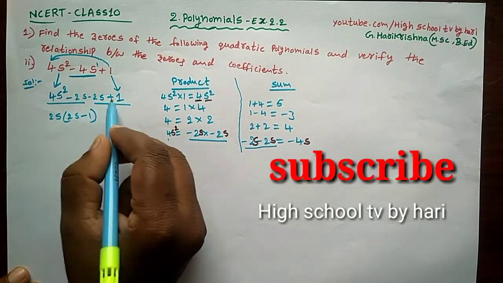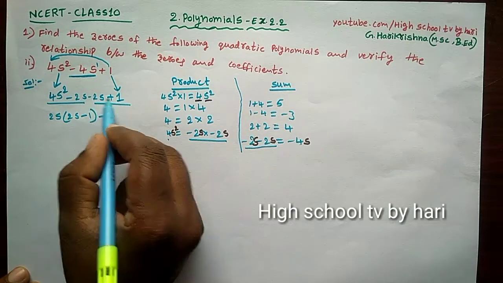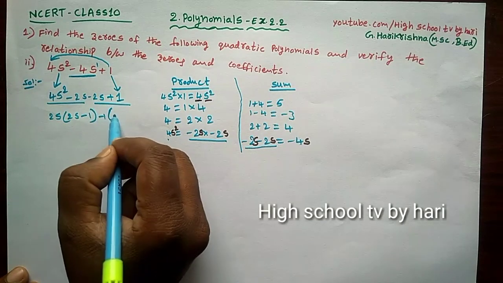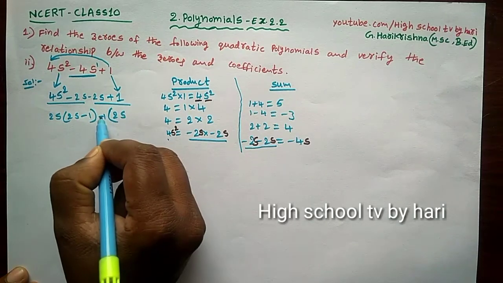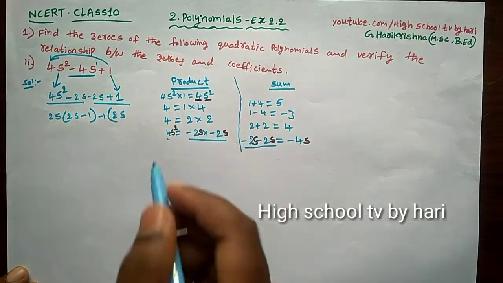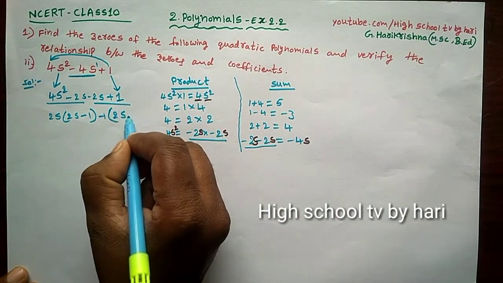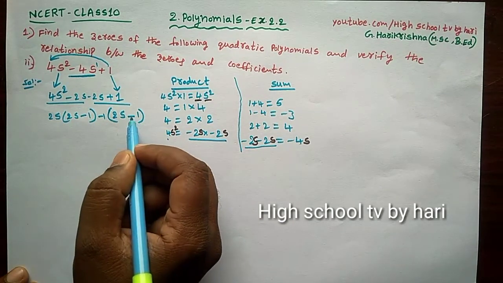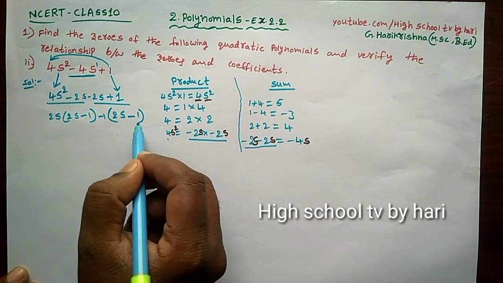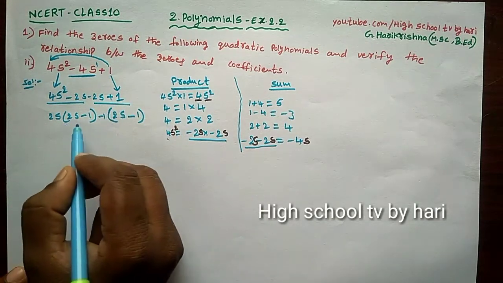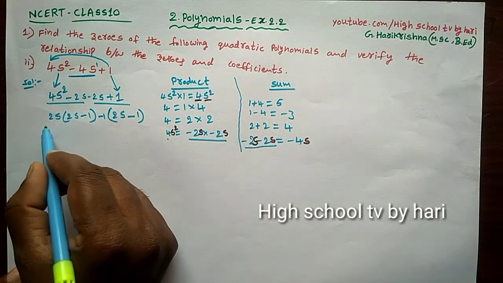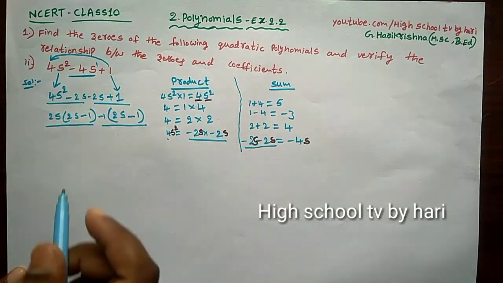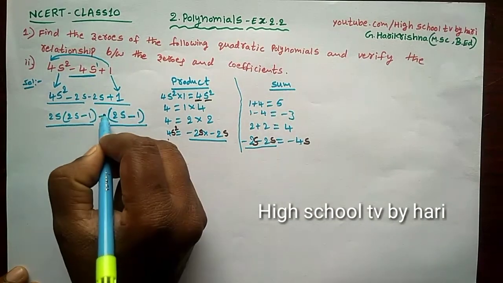For that, minus 1 is common, because no 2 is common and no s is common. We take out minus, leaving 2s, minus into minus is plus 1. Here we got 2s minus 1 and 2s minus 1. If you multiply this, we get the previous step again. So now it is a total single term, it is also a single term.